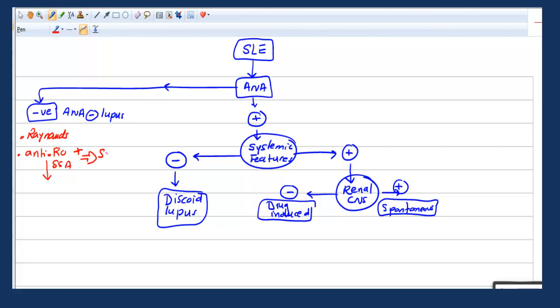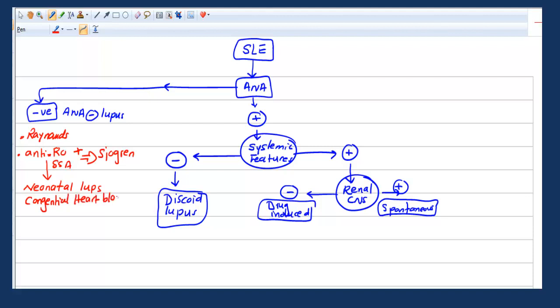We'll talk about the two types of Sjogren's, but this is the secondary type, anti-Ro or SSA positive. In this case you have a really common question: if the woman is pregnant, there is a risk of neonatal lupus in the neonate. And you know the key feature of neonatal lupus is basically congenital heart block.